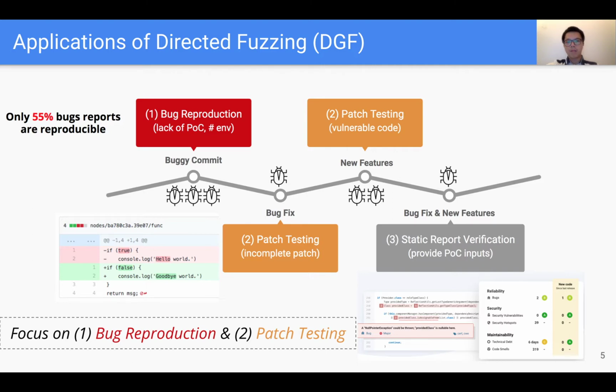And the second application is patch testing. Developers are under a lot of pressure to get patches out quickly, so this can lead to poor patch quality or regression bugs. Depending on the application, targets originate from bug traces, patches or static analysis reports.